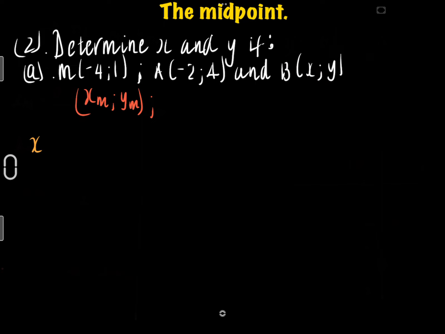We start off by writing xm is equal to xa plus xb divided by 2. Okay, and then don't forget, now in this case we are actually asked to find x and y. Okay, so there are conditions, like I said.